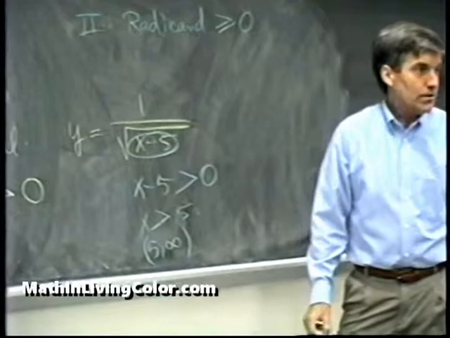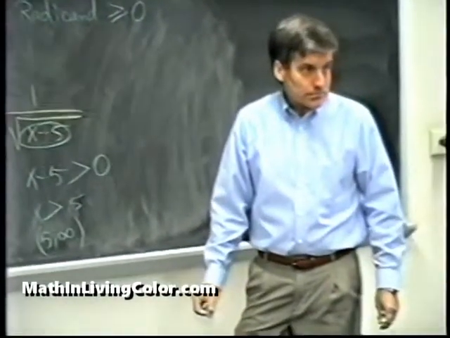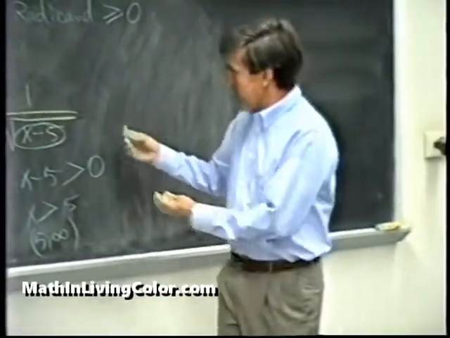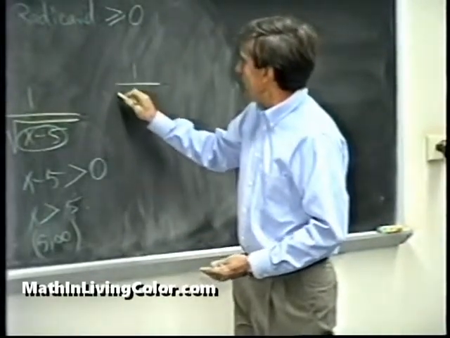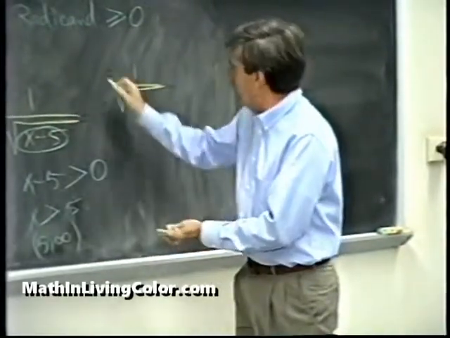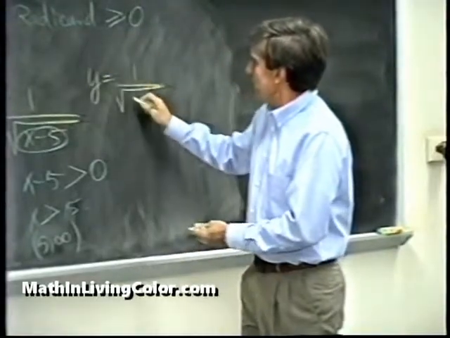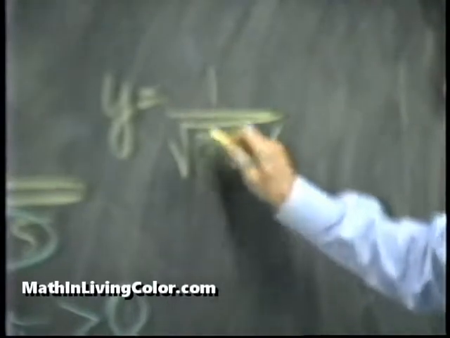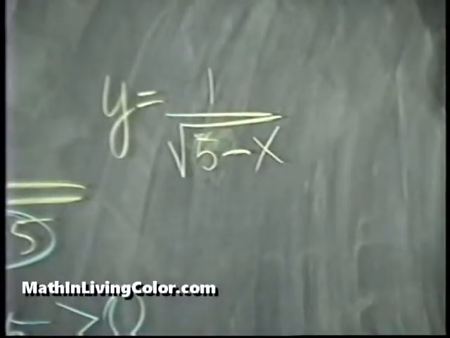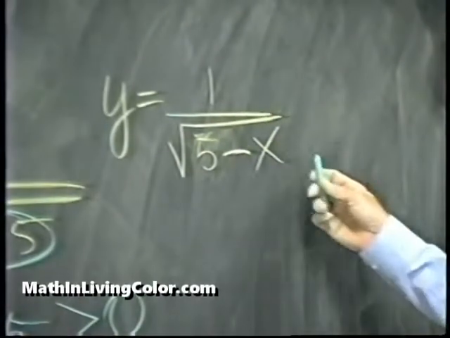If it was the other way around, if 5 minus x, is it still the same? What if it's 1 over the square root of 5 minus x? This is a new problem. y equals 1 over the square root of 5 minus x. Okay? Now, what's the requirement?